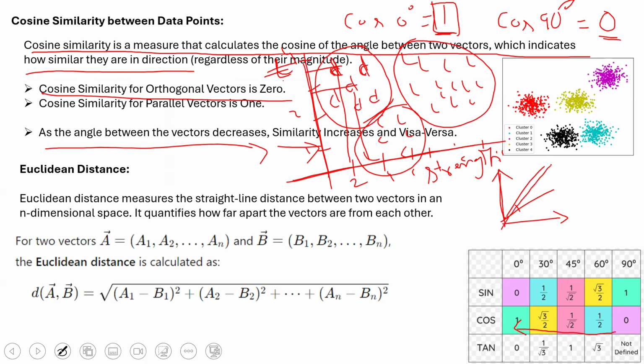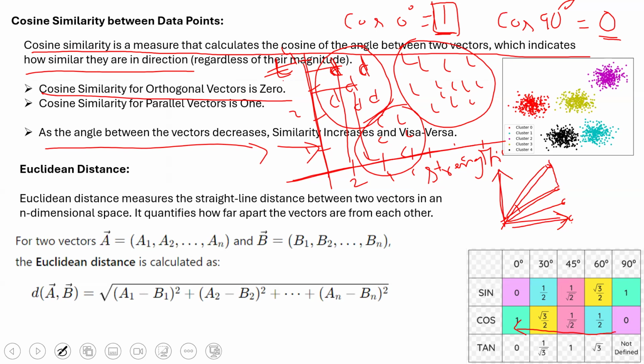When the angle is decreasing, both the vectors are getting similar. Vector is nothing but a point. Point is nothing but dog or cat or lion, whatever it is. When the angle between these 2 points is decreasing, they are similar points.